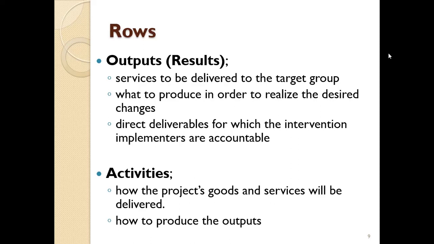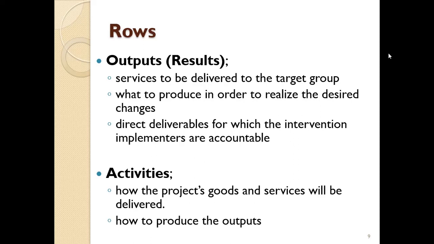So extension of tapped water and construction of boreholes would be an output from a combination of financial resources and human resources, that would help in a whole series of activities that would lead to such goods in terms of boreholes. How many boreholes have been constructed? The number of boreholes that have been constructed would be the outputs.